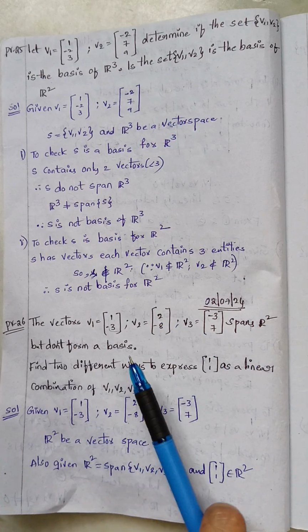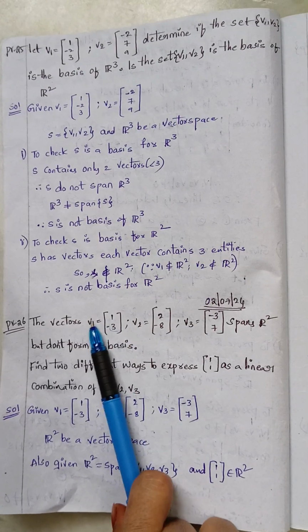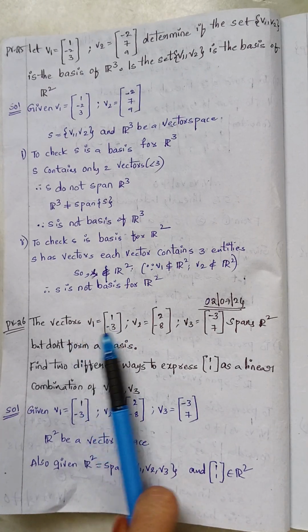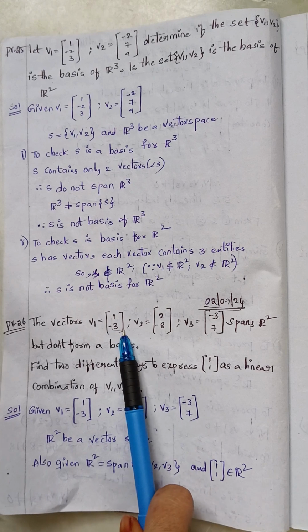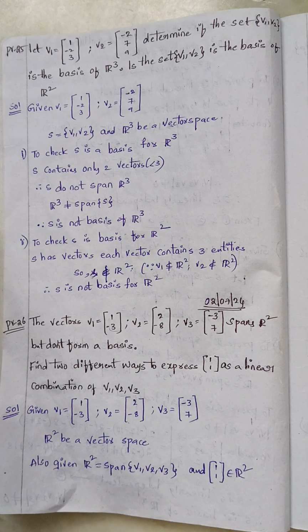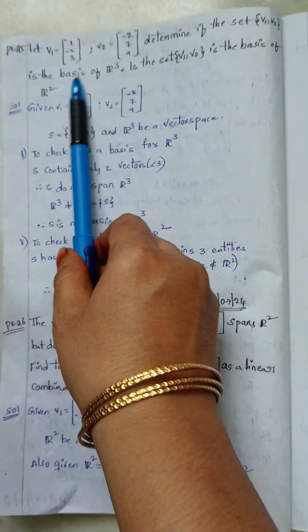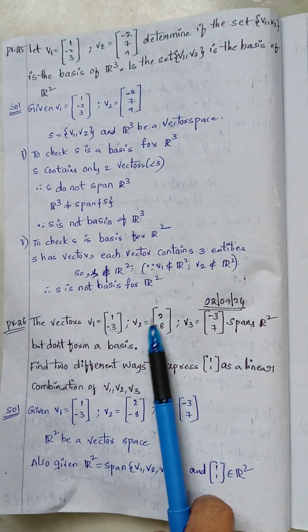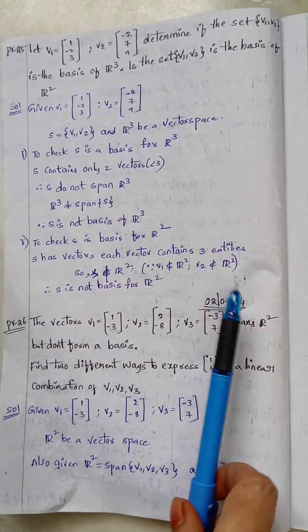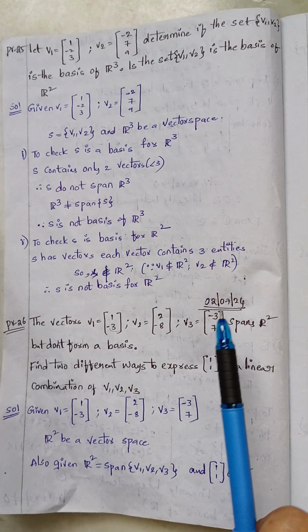But here, number of vectors are 3 and entries in each vector are 2. So number of vectors are greater than the entries, then it spans that vector space. Clear? Before, number of vectors were less than entries, that's why it did not span. Here number of vectors are 3 and entries are 2, that's why it spans R2, which is already given.